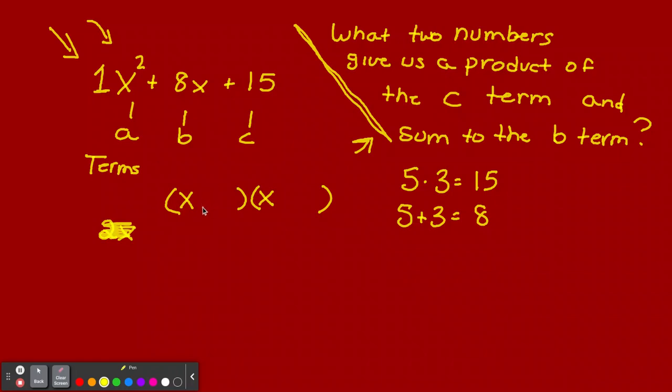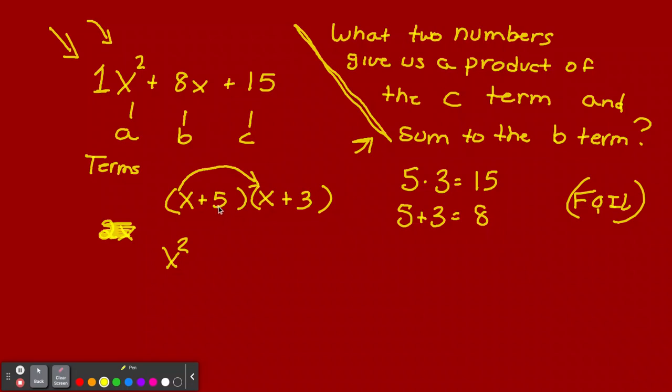So we're going to have an x plus 5 and an x plus 3. And you can do FOIL to check, right? The first term times the first term gives us x squared. This is the outside term.